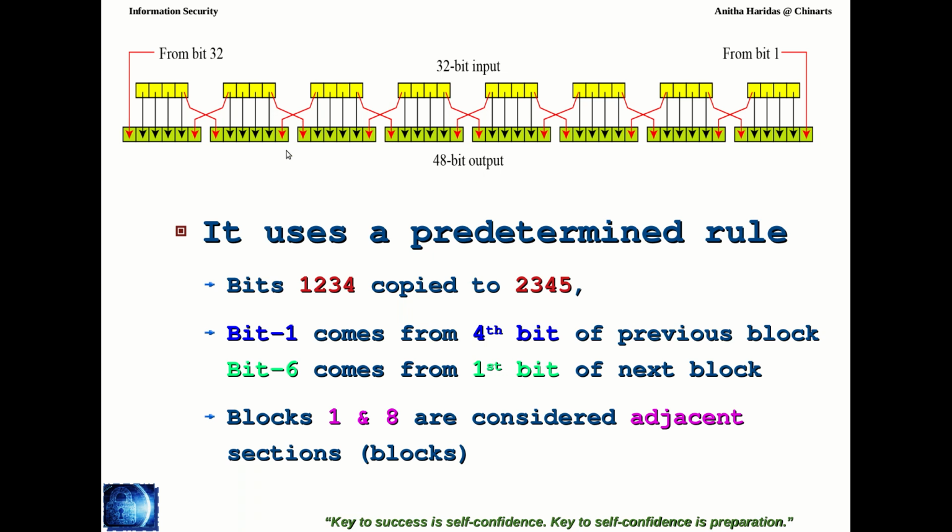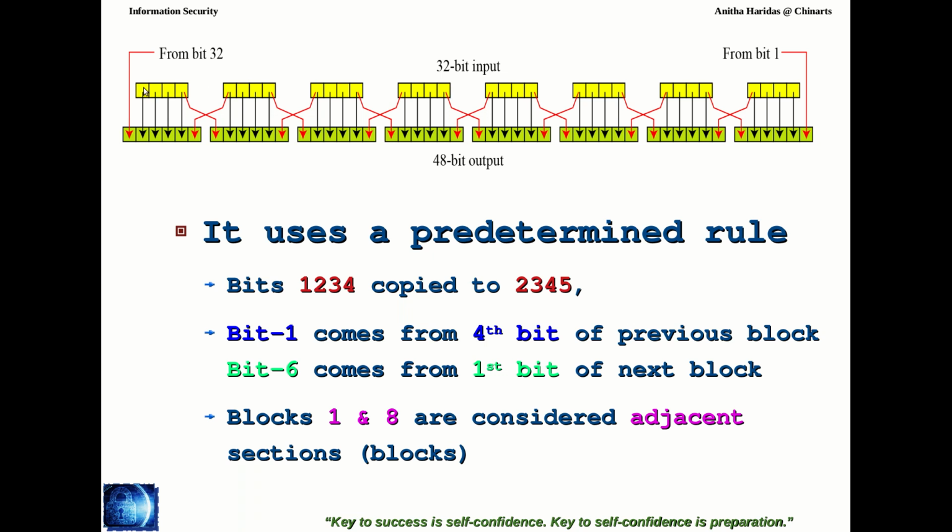Now when it is doing the expansion, it is using a predetermined rule. What is the predetermined rule? The bits 1, 2, 3, 4 are copied to 2, 3, 4, 5. So this is bits 1, 2, 3, 4 of the first block, and this is 1, 2, 3, 4 of the second block, 1, 2, 3, 4 of the third block, 1, 2, 3, 4 of the fourth block, and so on.